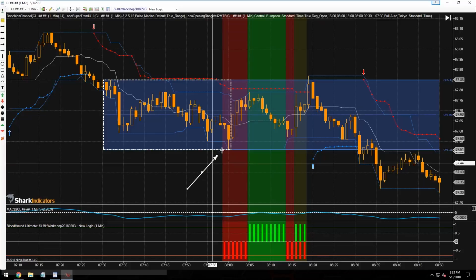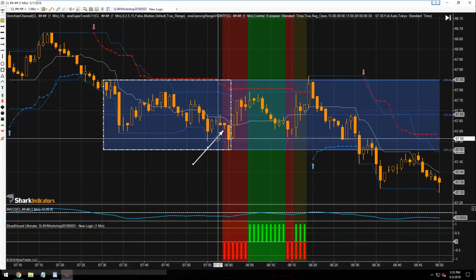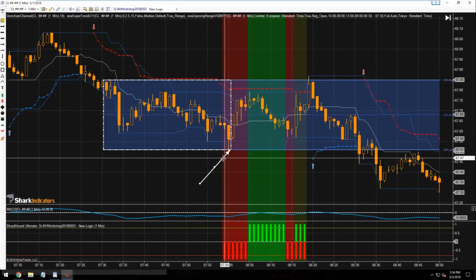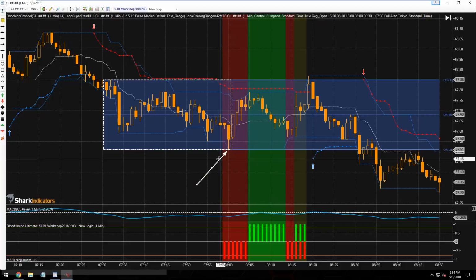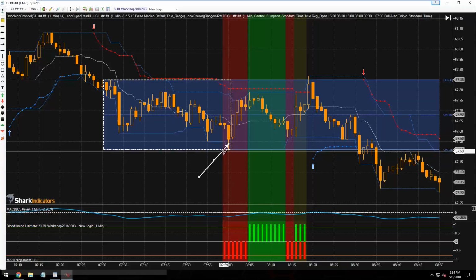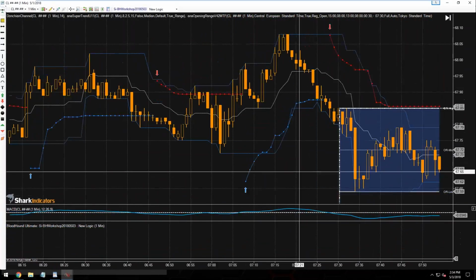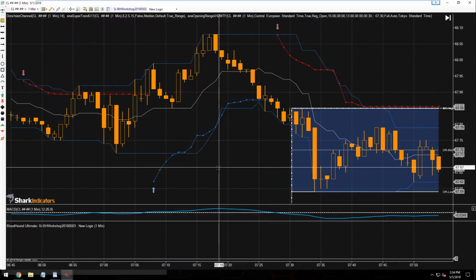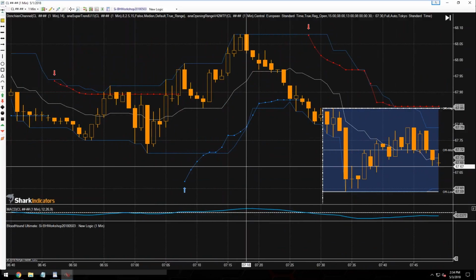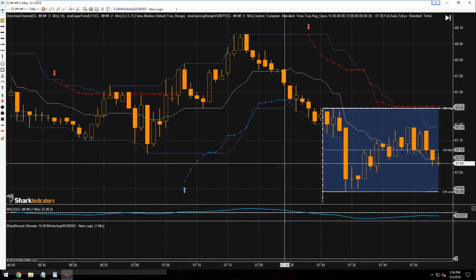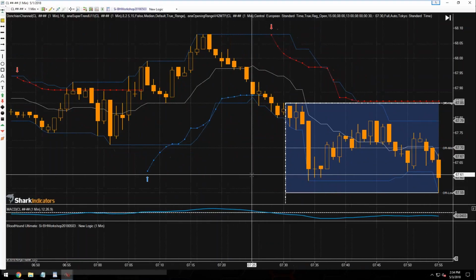I'm thinking we might have to make some time adjustments here. Instead of generating a signal 2 bars ahead, we might have to restrict this to just the last bar of the opening range period. Let's try and simulate what's going to happen in real time. I'm going to reload the chart, and let's step through this.